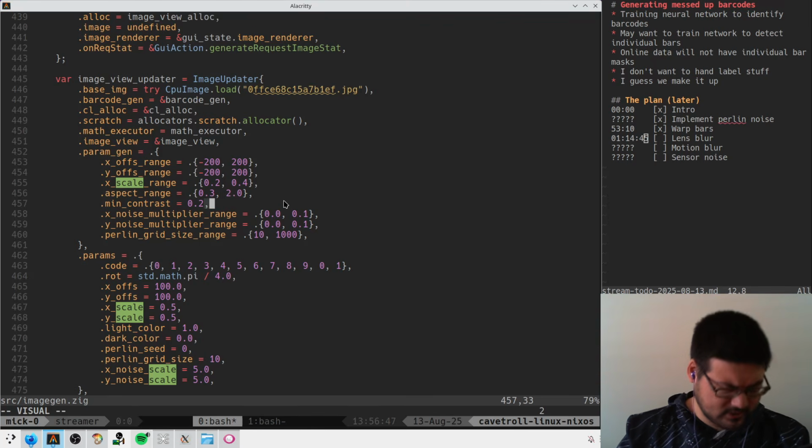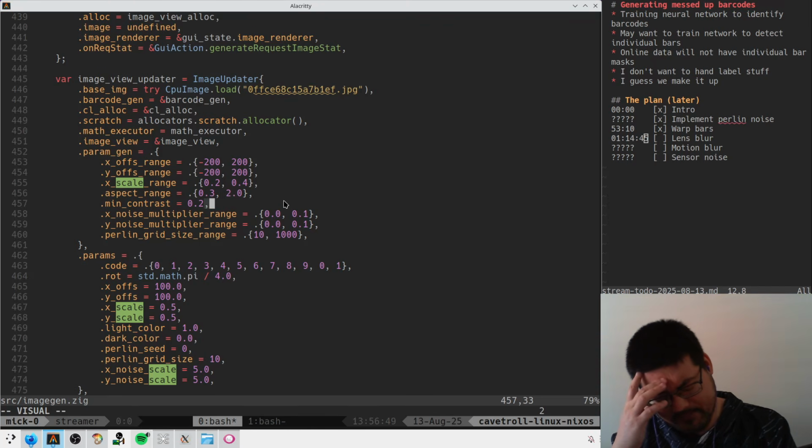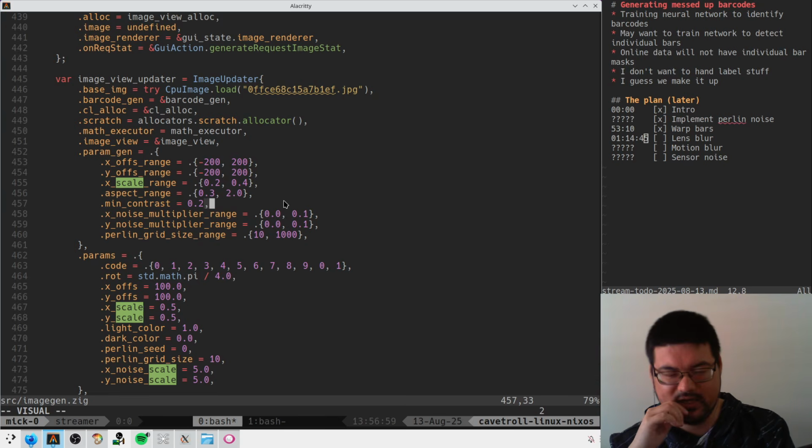Let's think about this. So we mask off the part that was barcode, then apply an image kernel to the whole image, and only apply it where the mask is. That's not that crazy. I think that's fine. A little wasteful, maybe, but not the end of the world.